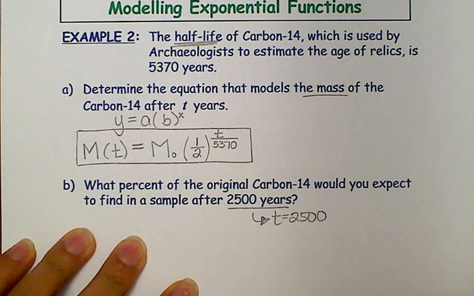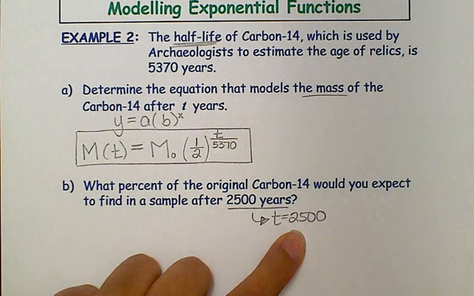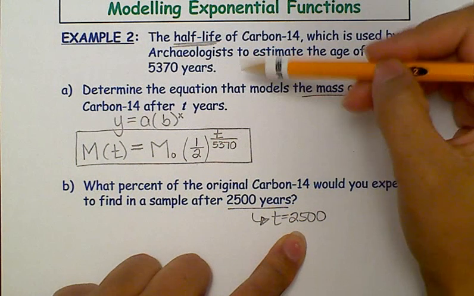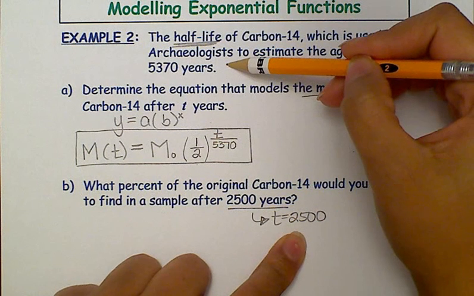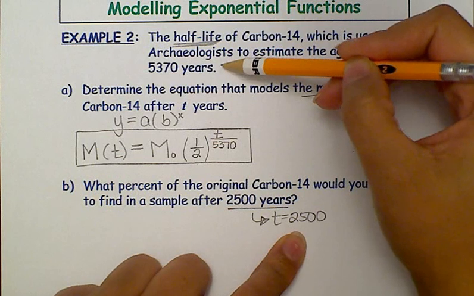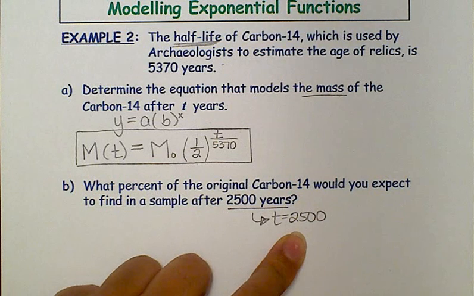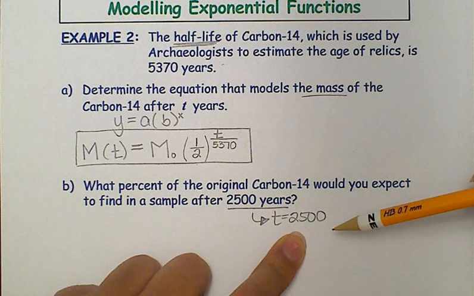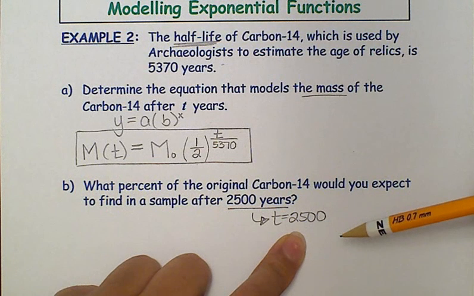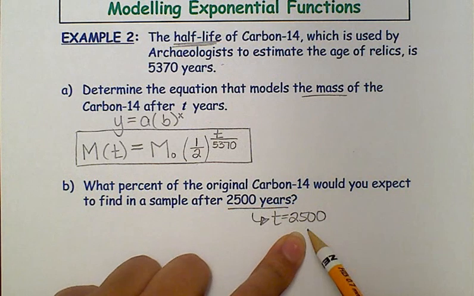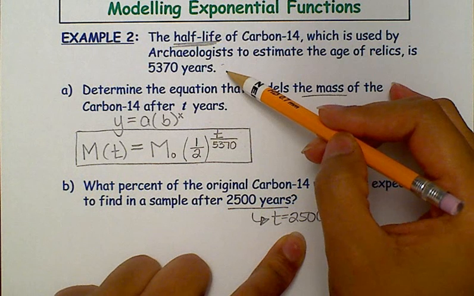Because only 2,500 years have passed, I know the mass should be more than 50%. It takes a lot longer for it to be 50%, and if the half-life time hasn't been reached, the mass can't be half the amount it used to be yet. So 2,500 is less than the amount of time it takes for it to be half the mass that it was before.